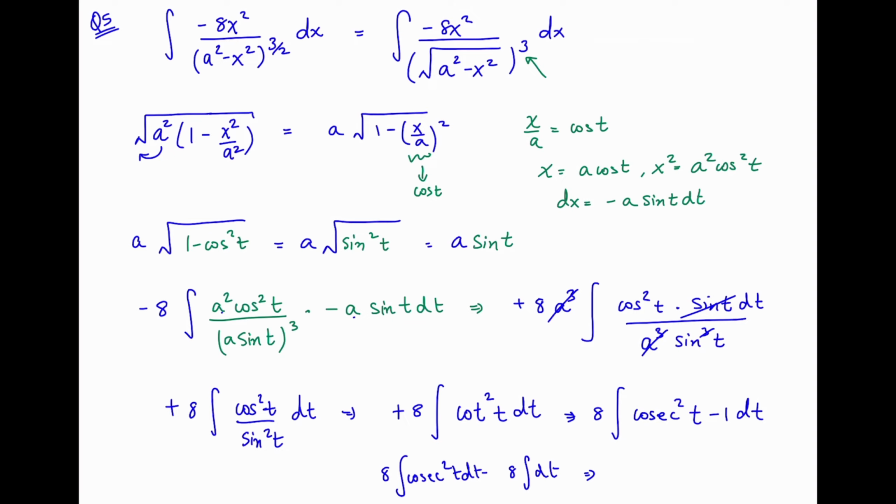So integral of cosecant squared t is minus cotangent t. So this right here will be this minus the 8 times t plus c. Okay, so I'm going to keep that here for a second so you guys can see it before I move to the next page.